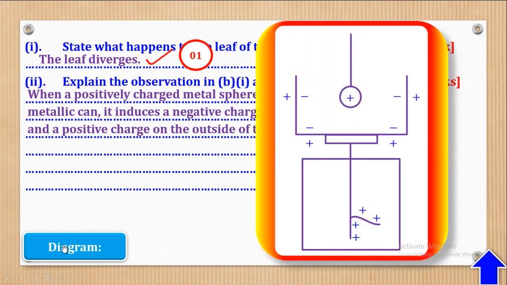So let's see how that happens. For example, this is a metal sphere. It is positively charged, so it will induce a negative charge on the inside of the metal can and a positive charge on the outside of the metal can.